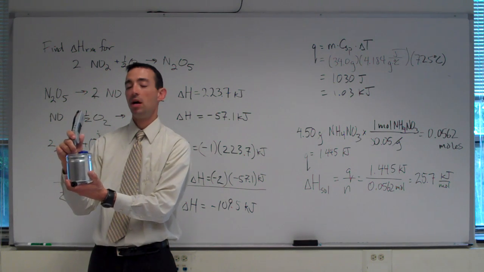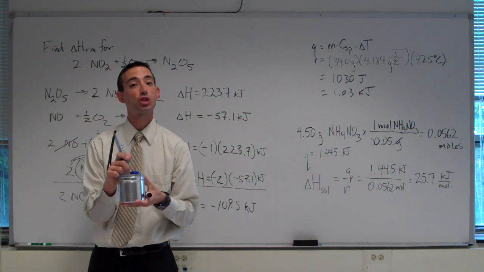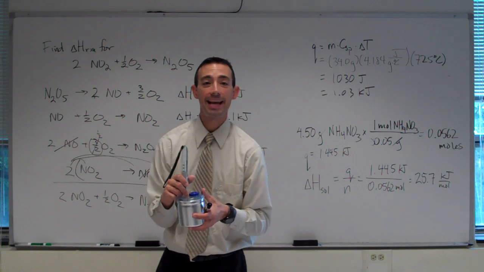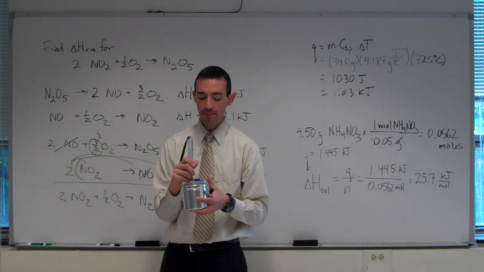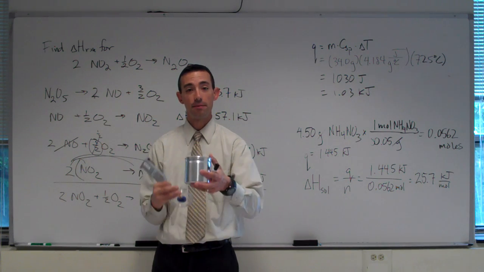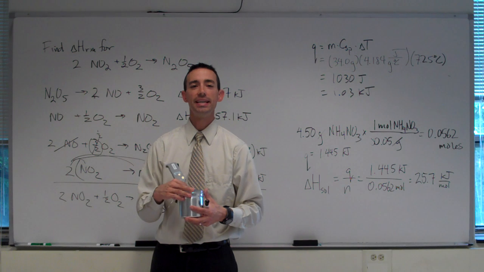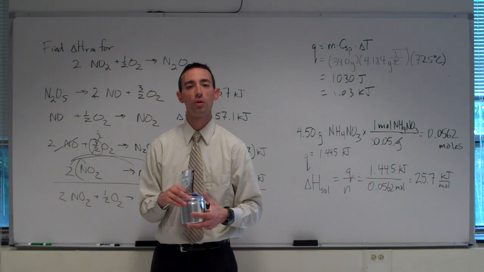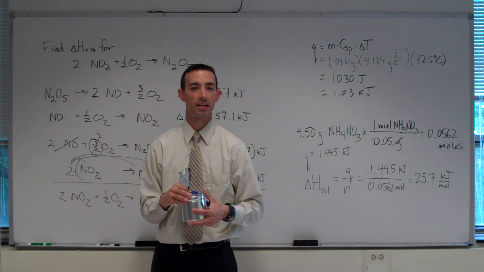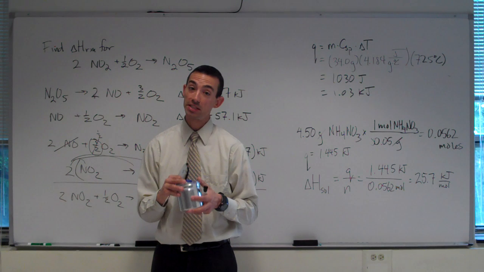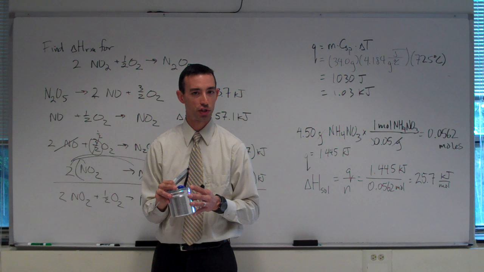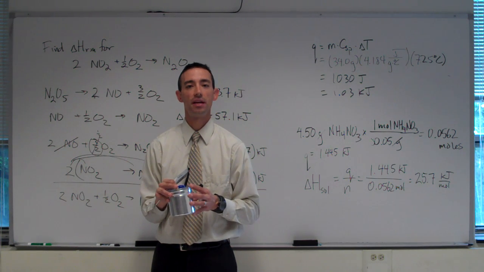All right. This will be placed atop a stir plate. Keep in mind that our stir plates in the lab are both stir plates and hot plates. So place a magnetic stir bar inside the calorimeter setup and then put it on top of your stir plate. Please be extra cautious that you are only turning on the stirring component of your stir plate. We have had students and myself be burned in the past when people have turned on the heat function and they're not paying attention in the laboratory.